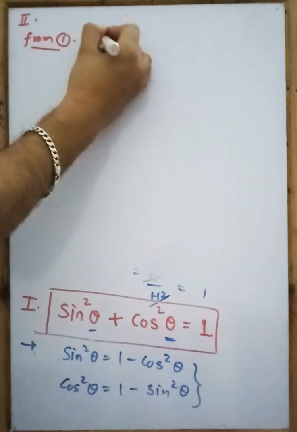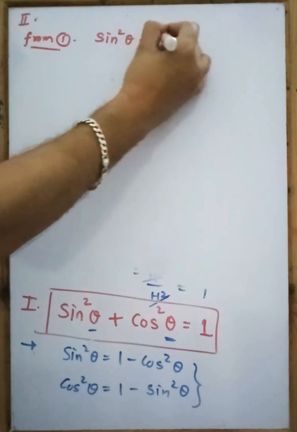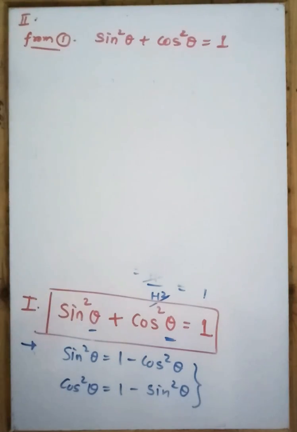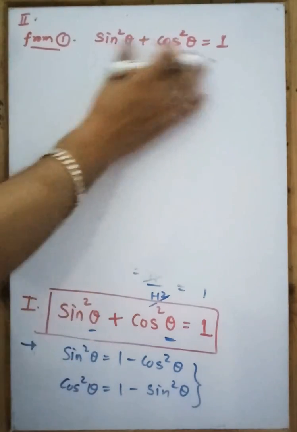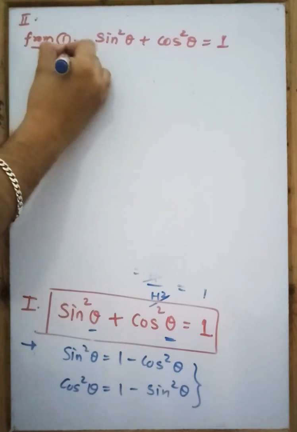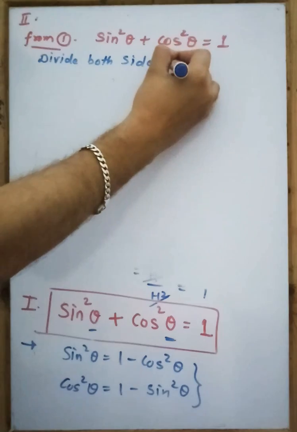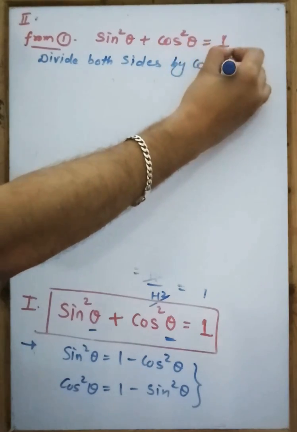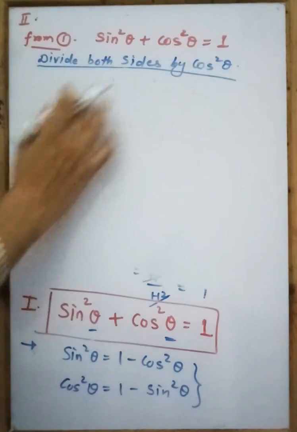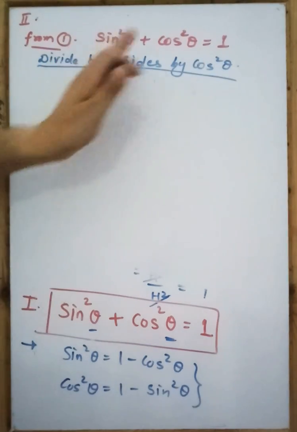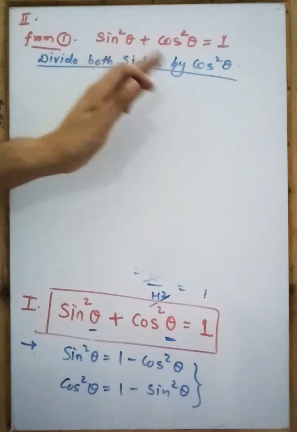From 1, you know the identity is sine square plus cos square is equal to 1. Now let us divide both sides by cos square theta. If I have to divide, I have to do it on both sides so that the equation remains the same.